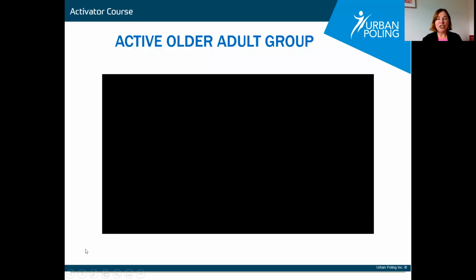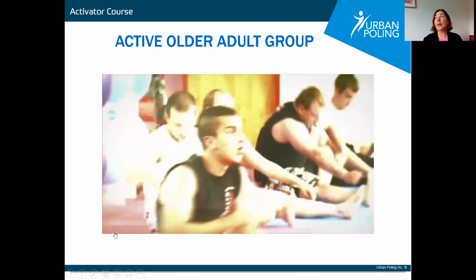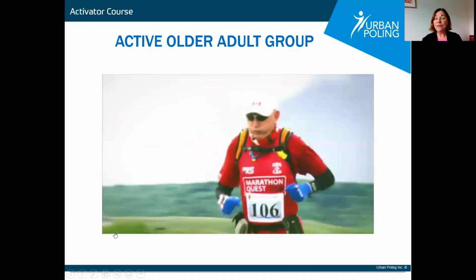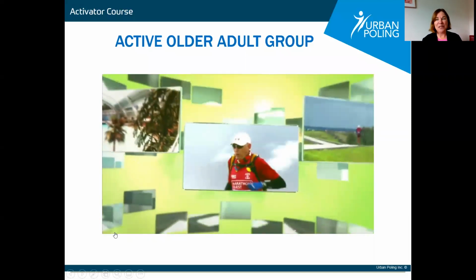So the first thing I'd like to show you is just a very short snippet of an older adult walking group, so you get a bit of an idea of how it has been used with older adults that are a little bit more active. This is just a bit of an introduction.